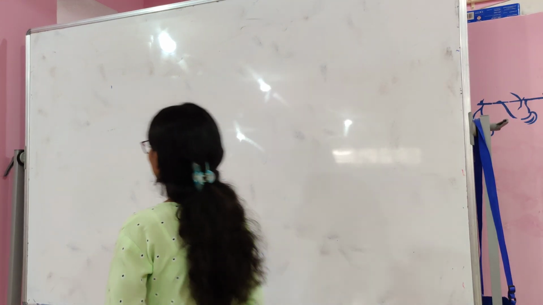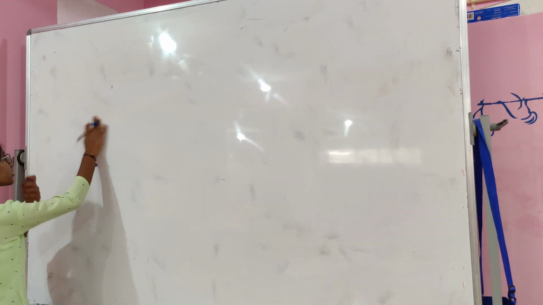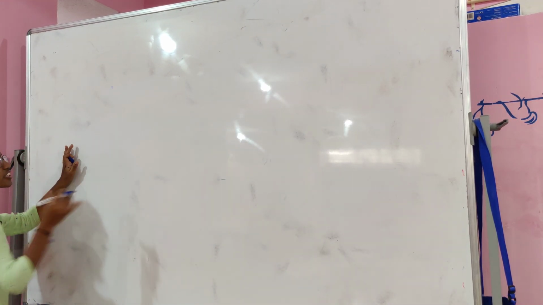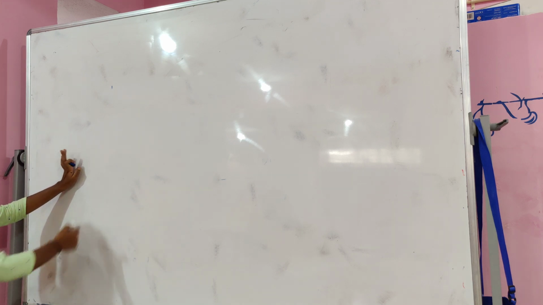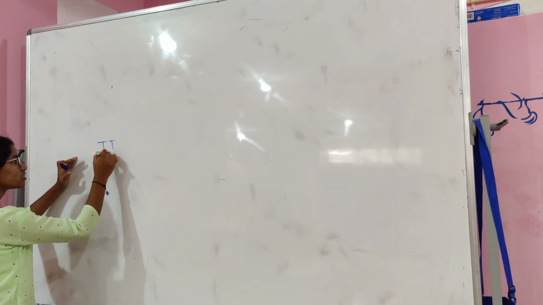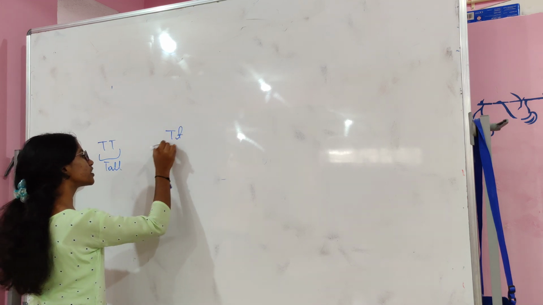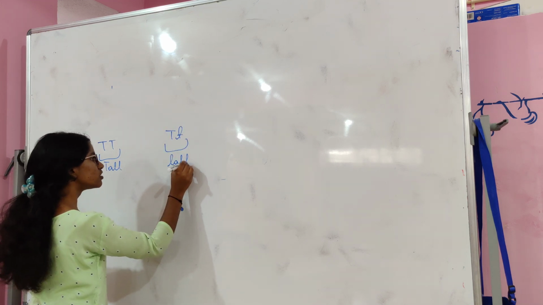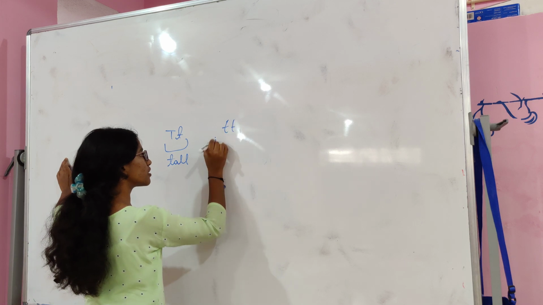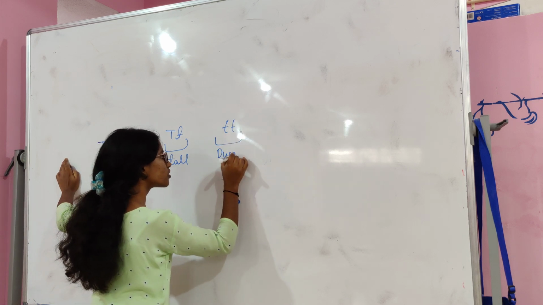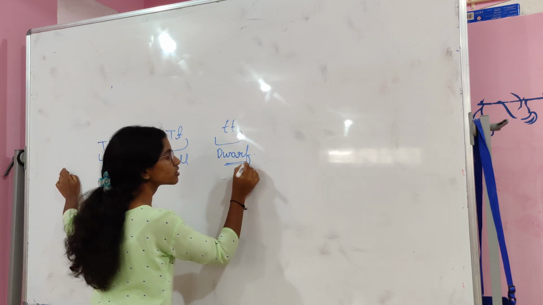Okay. So now we have to know that in Mendel's cross, okay? We just have an introduction on Mendel's cross. So T and T, this represents tall, right? And T and T, this also represents tall. T and T, this represents dwarf. Right?